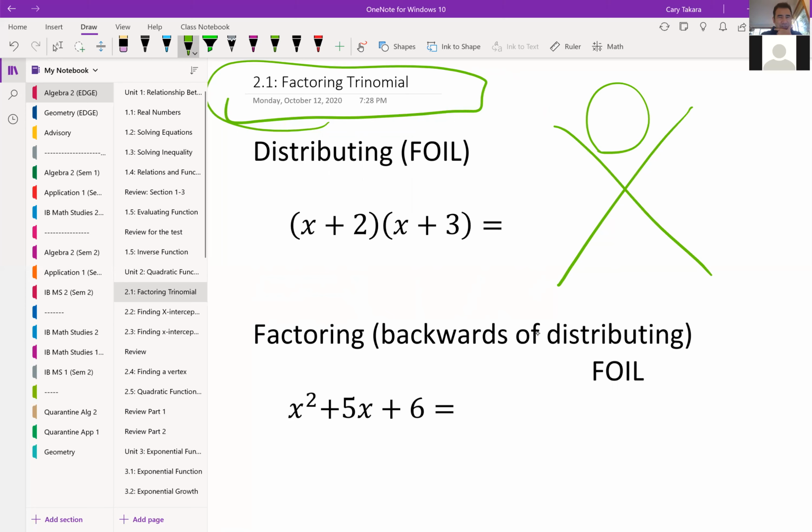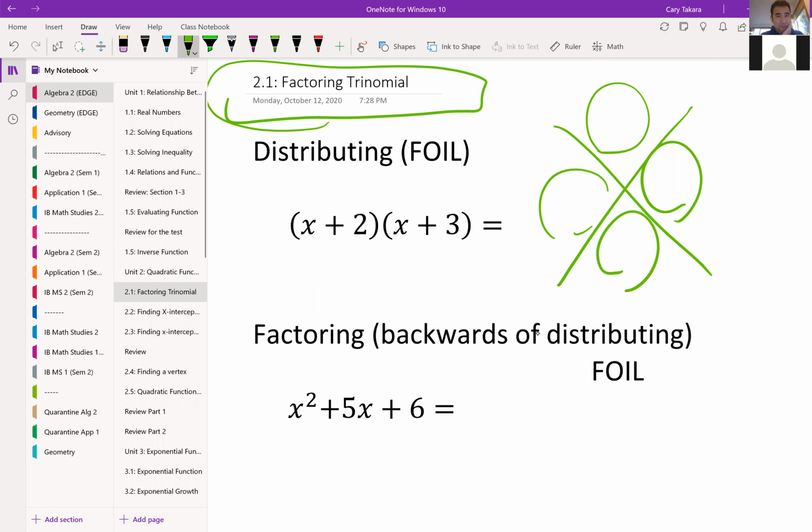Do you remember it? I haven't done this for a long time because I don't teach the diamond method. We're not going to do that. I'm going to teach you a different method. I hope you find this new method a little bit easier, okay?